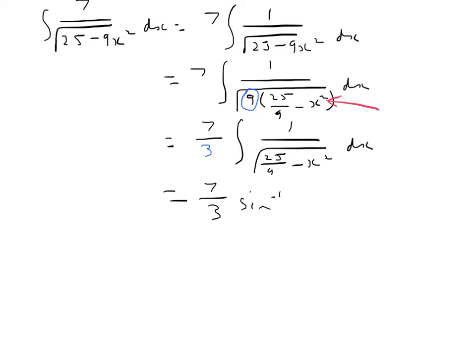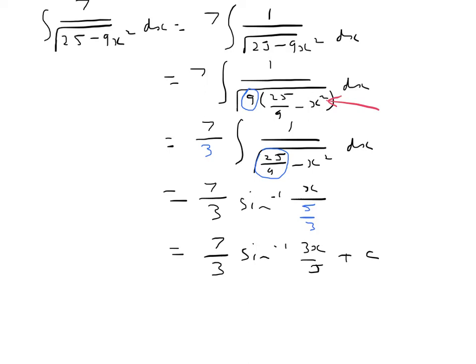So inverse sine x over a. A is the square root of this value here, so a is 5 over 3. So after all that, 7 on 3, inverse sine 3x on 5 plus c.